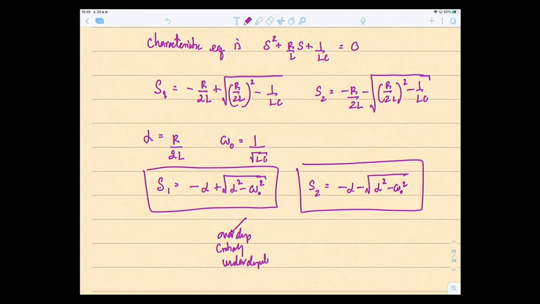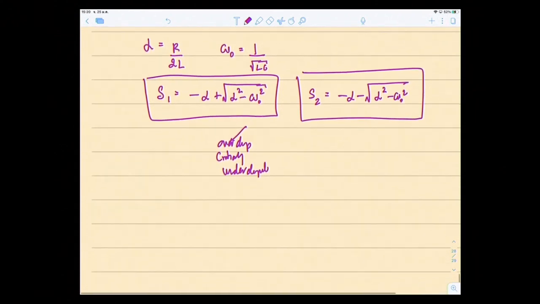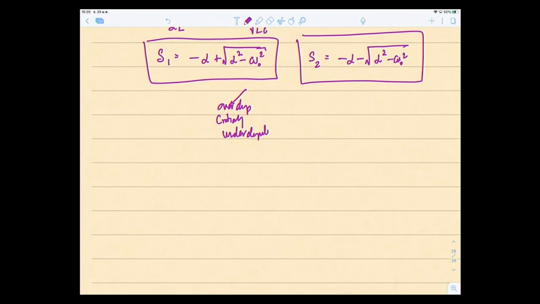So if I'm going to give an example, let's see. I'm going to have an example for a parallel RLC source free circuit. I'm going to put values inside. So if I have R, L, and C source free, this is V of t.